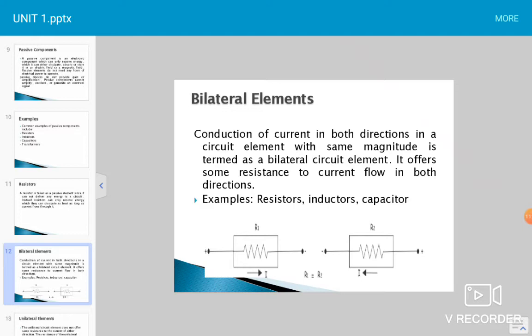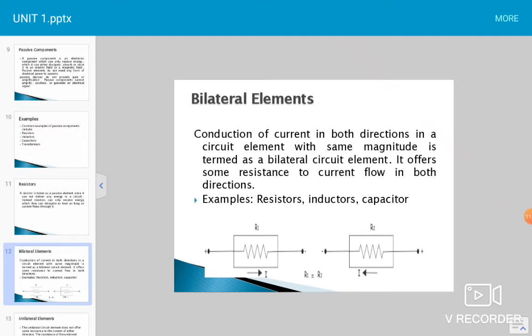Now, once you have understood the passive element and active element, you also might understand the bilateral elements. Bilateral, bi मतलब टू, दोनों तरफ से. ऐसा सर्किट जो दोनों तरफ से एनर्जी एब्जॉर्ब करे या डिलीवर करे. See, conduction of the current in both directions in a circuit element with some magnitude is termed a bilateral circuit element.